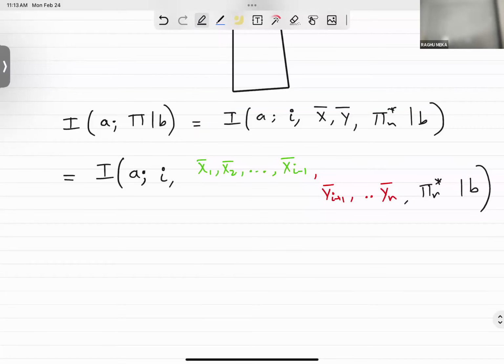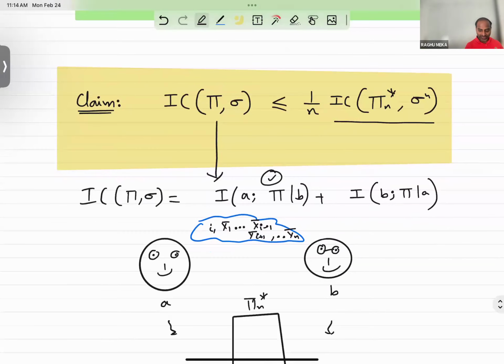And the first inequality we're going to use is that mutual information is monotone. A is a single bit. No, because, as I said, the problem that we're trying to solve is that Alice got a single bit as input, Bob got a single bit as input.